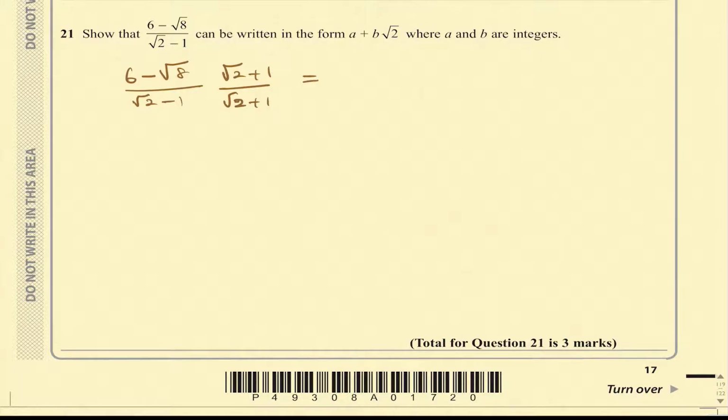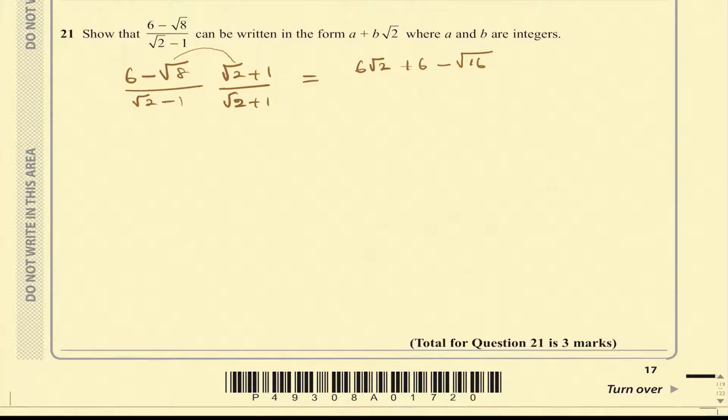And that will give us 6 times root 2, which is 6 root 2. 6 times 1 will be plus 6. Minus root 8 times root 2 will be minus root 16. That's root 8 times root 2, which is root 16, and root 16 is 4, so that's minus 4, but we'll do that later.